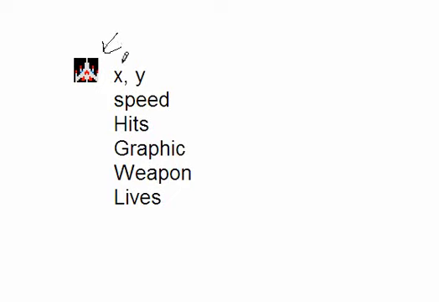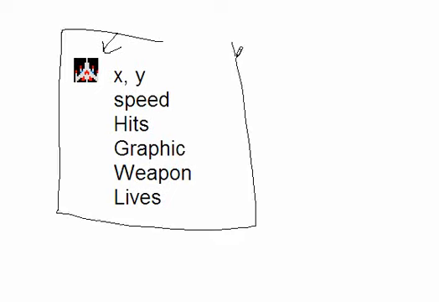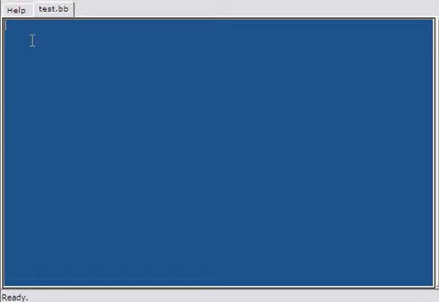In this case, there's a spaceship, right? So how do you represent that in code? You want to represent this all as one thing, right? For example, in the code portion of this, you could, if you wanted to, do player X, player Y, player speed, player graphic, player whatever. You could keep doing that.